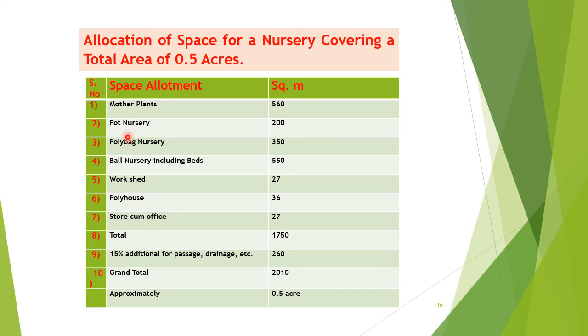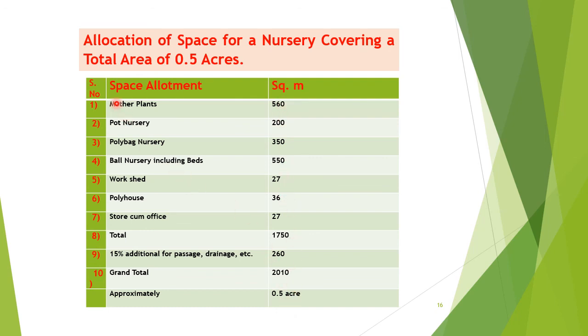Here is an allocation of space for a nursery covering a total area of 0.5 acres. Now I have already given, in a layout plan, the different areas in a nursery, and by way of square meters, the area which you will keep for the purpose.